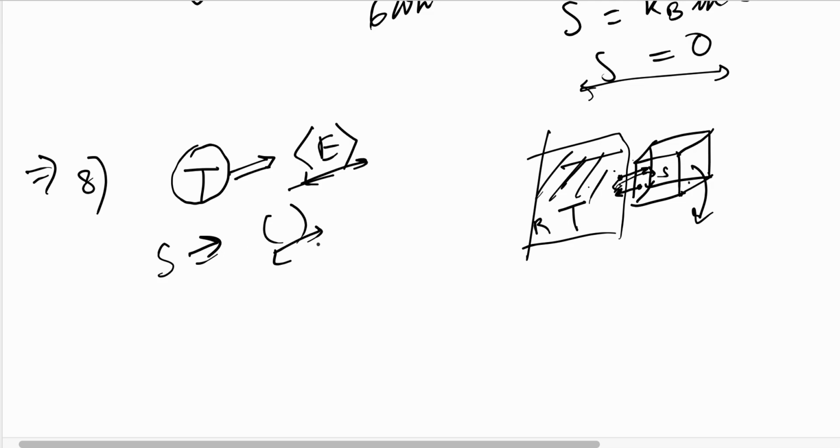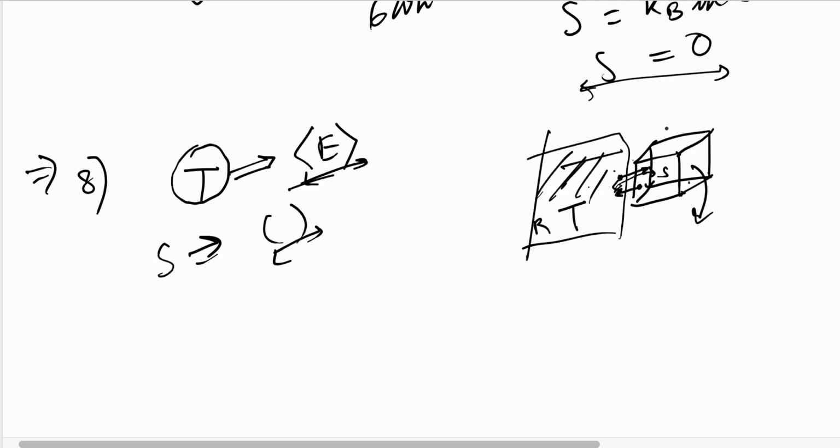Now, the second law says that the system will always go towards a state that possesses the maximum entropy.